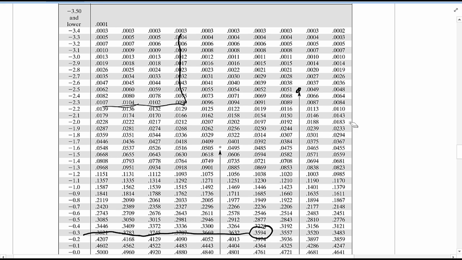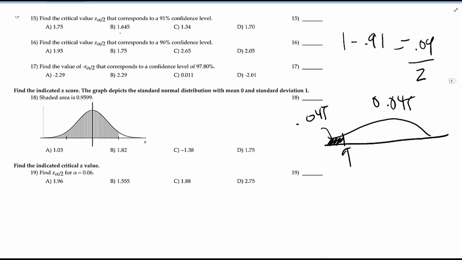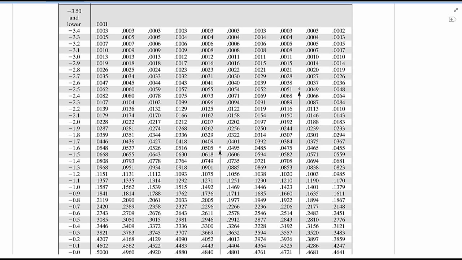Let me erase this. So we want to get the closest to 0.045. 0.040, 0.041, 0.042, 0.043, 0.044, 0.045.